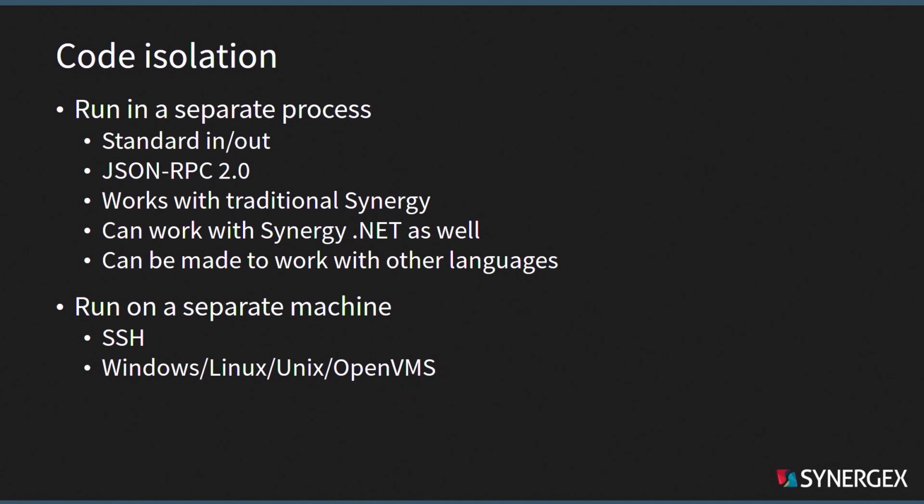We can do the same thing, except we can run it on a separate machine somewhere else. So if your web server is Windows and your data lives on VMS, for example, we can do the same job, but we SSH to your VMS machine or your Unix or your Linux, and we spawn a process, connect to its standard in, standard out, and we do the same thing that we would have done, except over SSH.